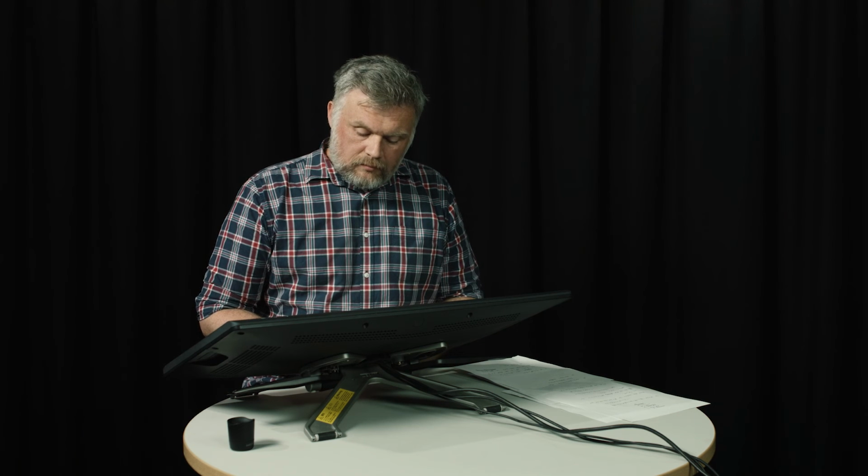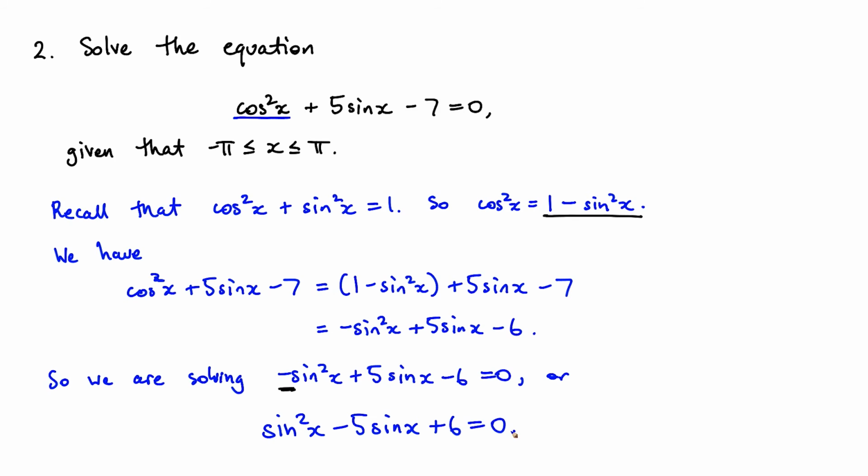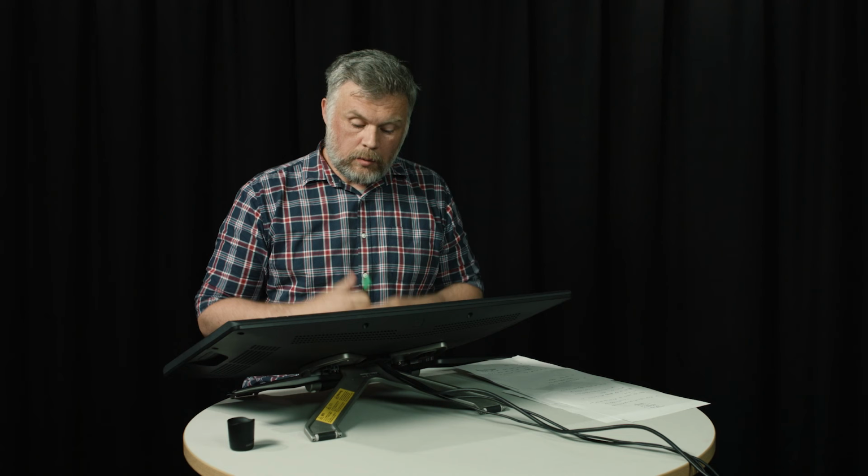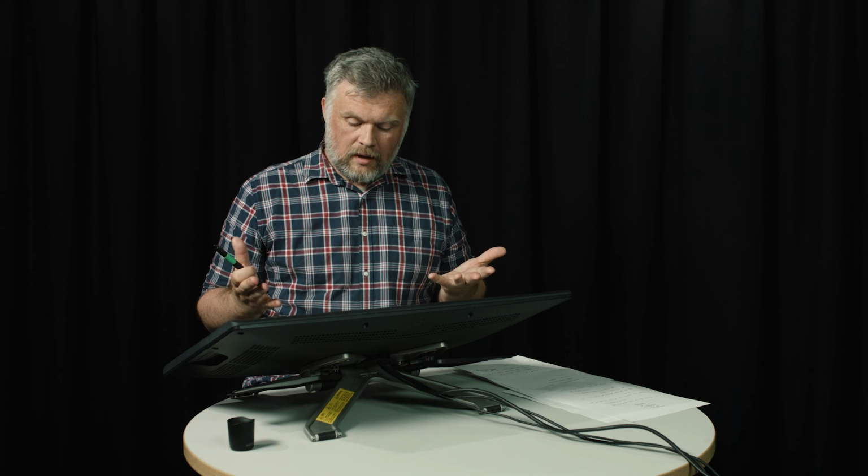And now this really is a quadratic equation, but instead of something like x or a or b or y, our unknown is sine x. So what I'm going to do is just factor this just like I do for every other quadratic. And once it's factored, we can read off the solutions.